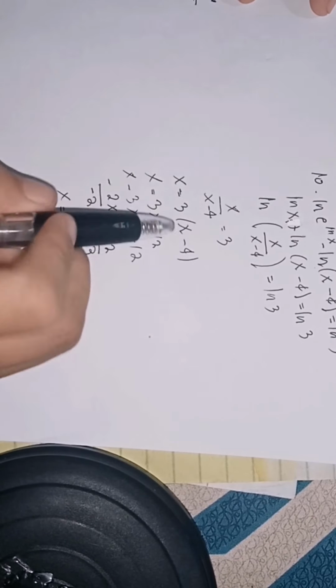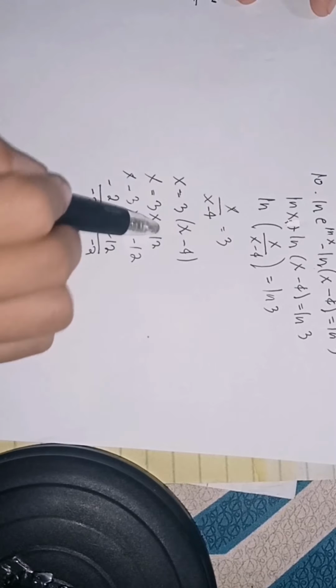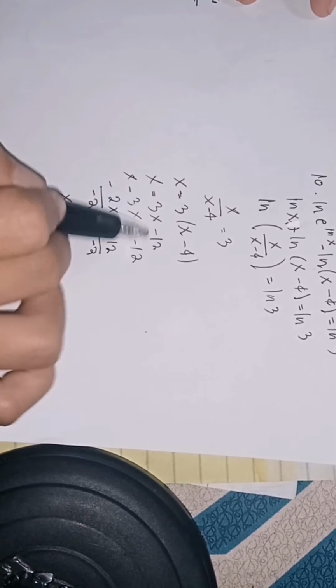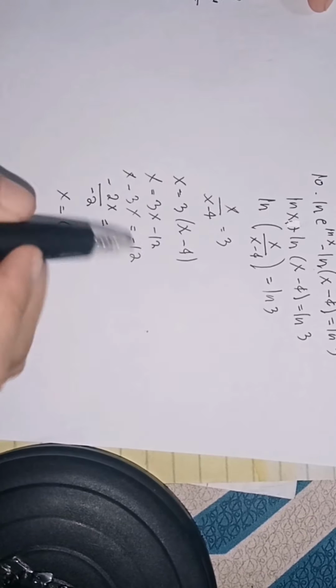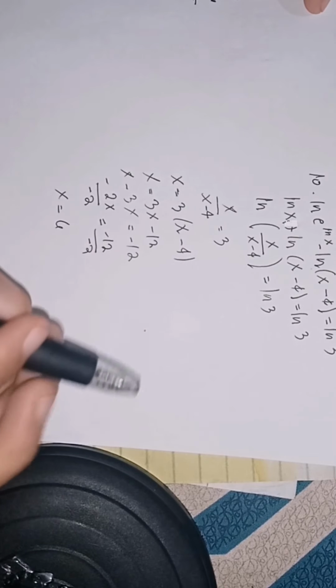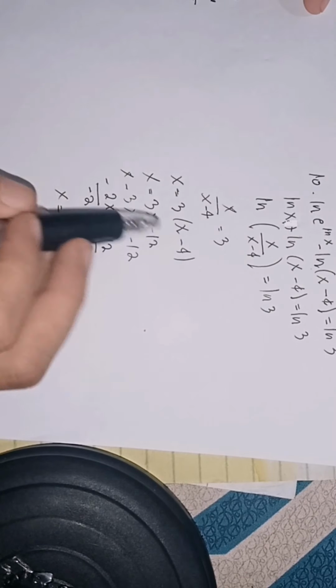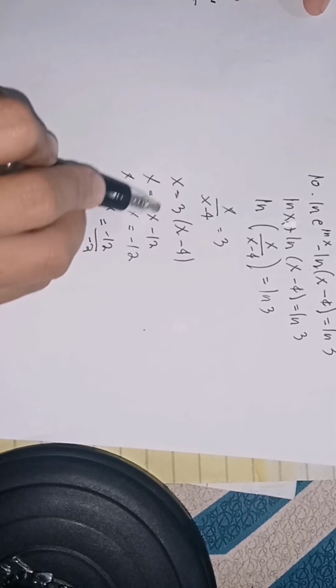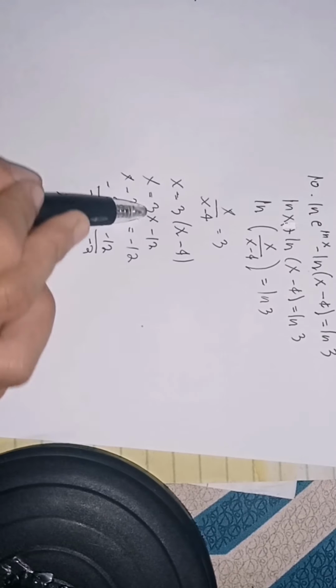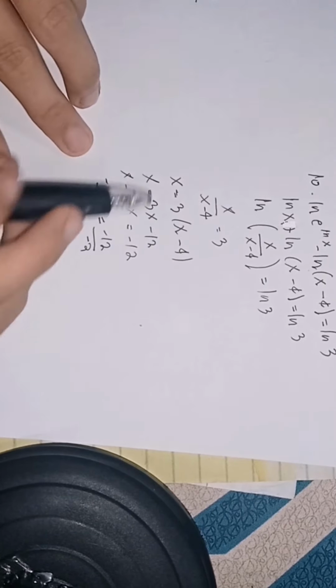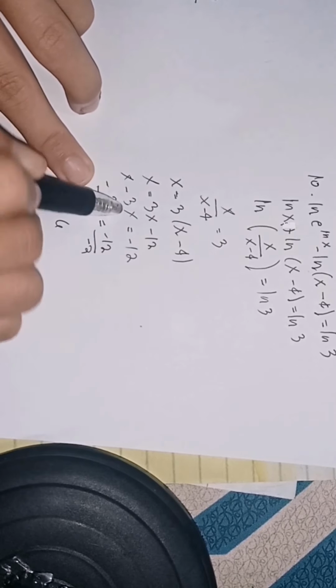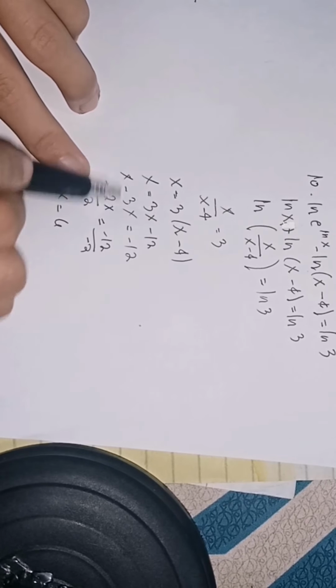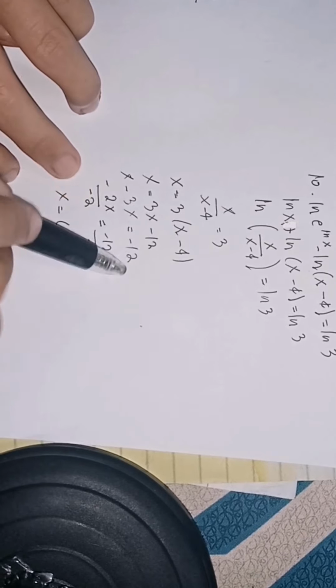So, multiply 3 times x is 3x, and 3 times negative 4 is negative 12. To simplify, transpose the 3x to the other side, so it becomes negative. So, x minus 3x is equal to negative 12.